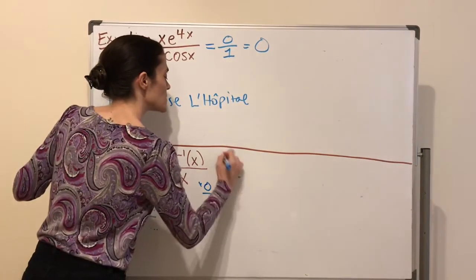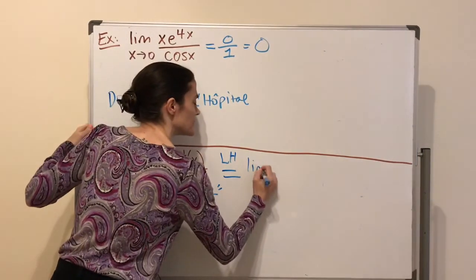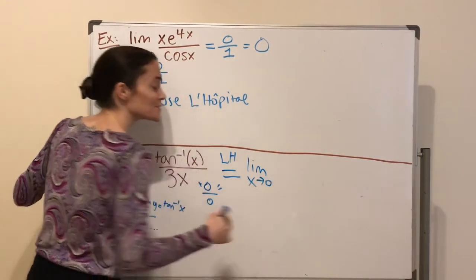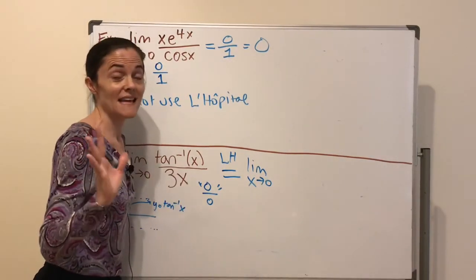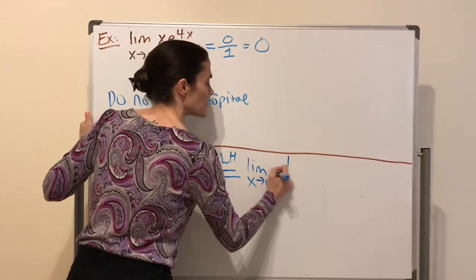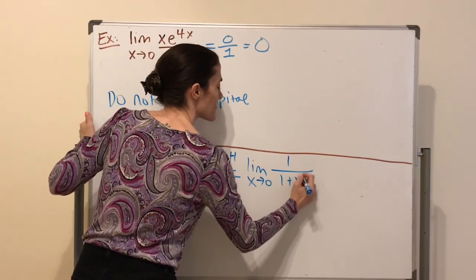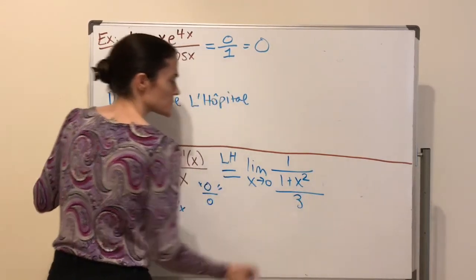We may use L'Hopital, where we take the derivative on the top, derivative at the bottom, reevaluate the limit. The derivative of tan inverse is 1 over 1 plus x squared. The derivative of the denominator is 3.